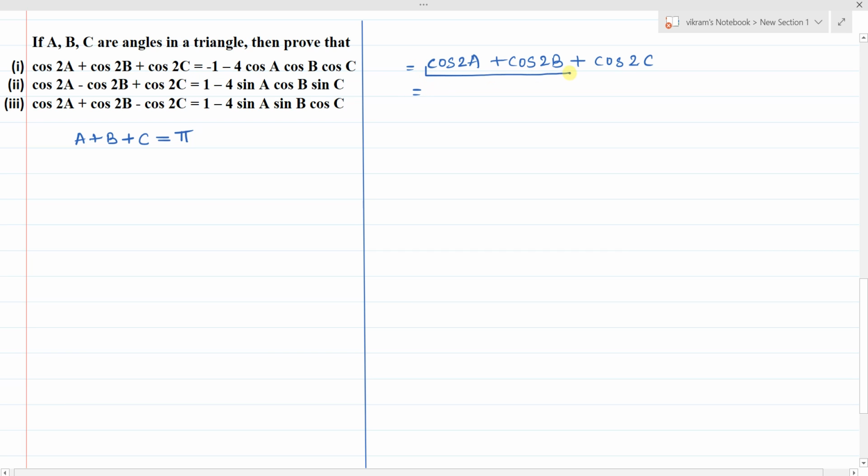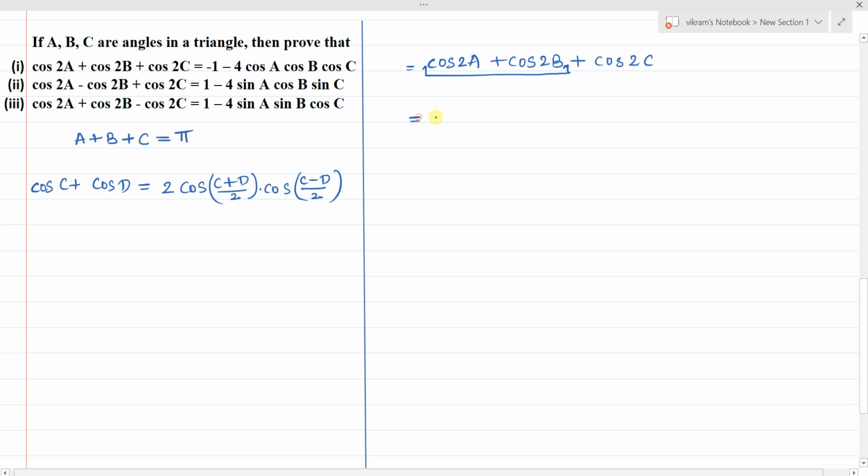The formula for cos C plus cos D is equal to 2 cos of (C plus D) by 2 into cos of (C minus D) by 2.